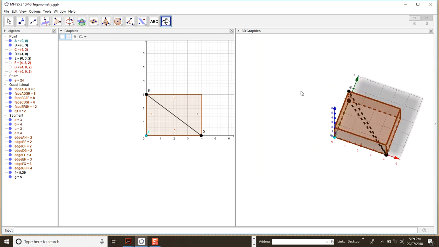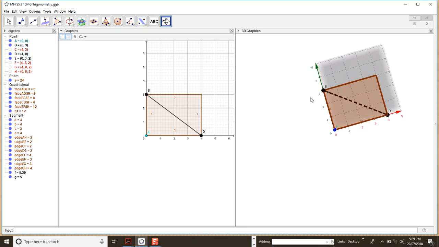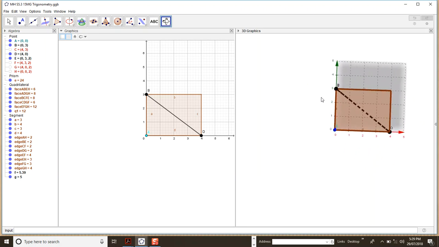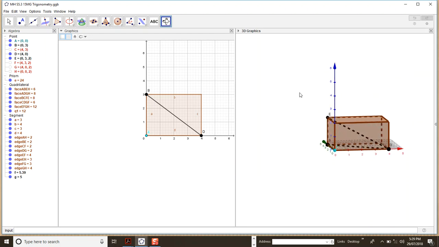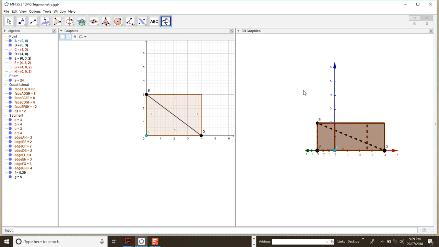So first of all, if we look at the shape from the top view, we've got Pythagoras' theorem here with a side of 3 and a side of 4. And then we've got Pythagoras' theorem here.